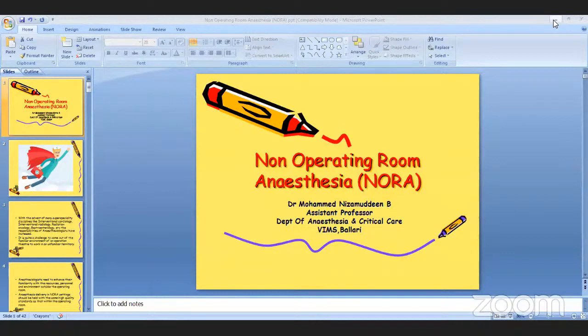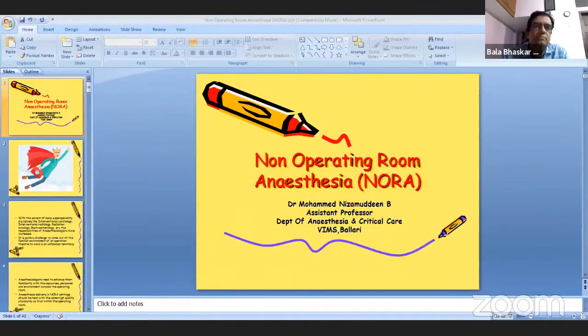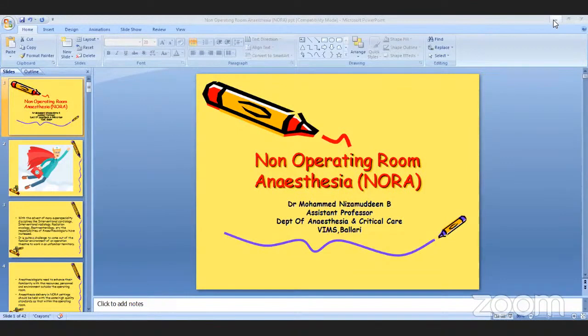So what we used to do is use thiopentone and ketamine alternately. Once thiopentone, and two or three days after that, when we went there, we gave ketamine. Somehow we managed that. Otherwise, the baby would develop tolerance to the regular dose of thiopentone or even ketamine. We used to observe that.